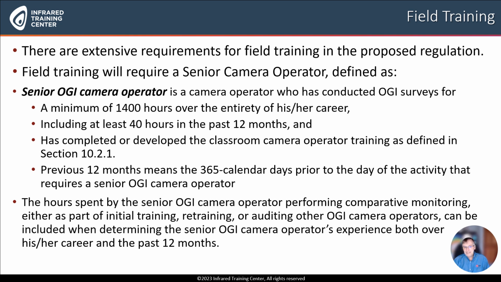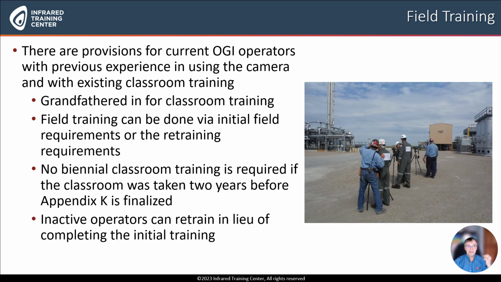So the senior OGI camera operator, either as part of their initial training, retraining, or auditing of other camera operators, can be included. So if you're spending 40 hours a quarter training or verifying other folks, that counts, okay? And so again, this is a summary of just some of the field experience here.